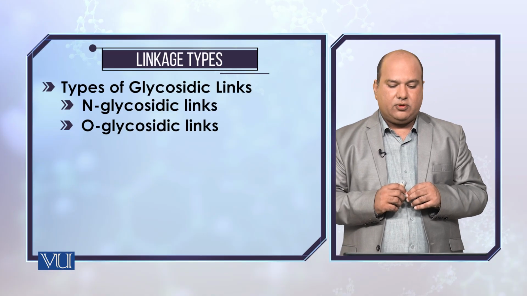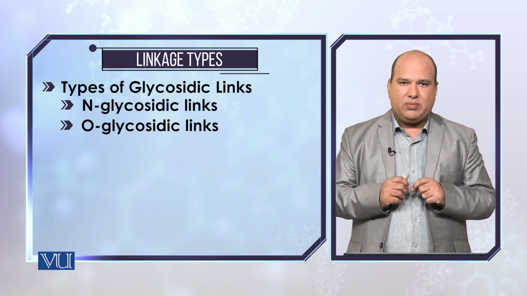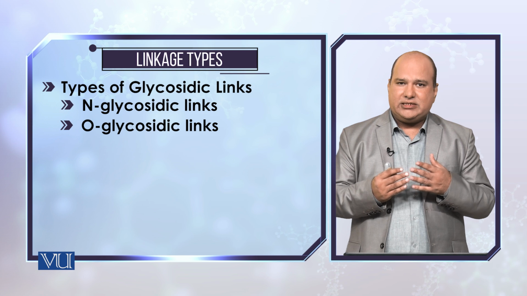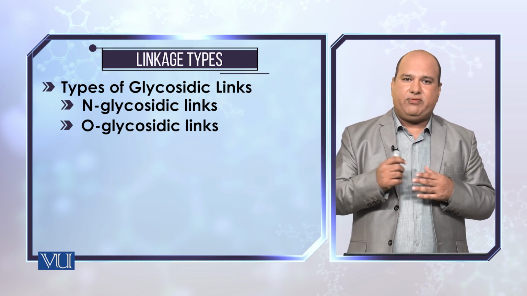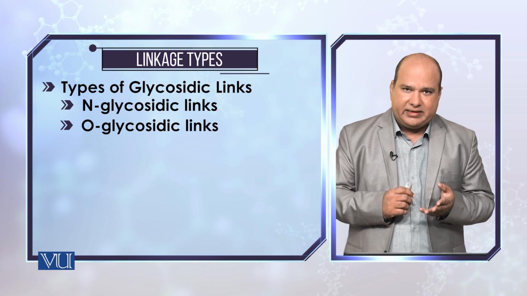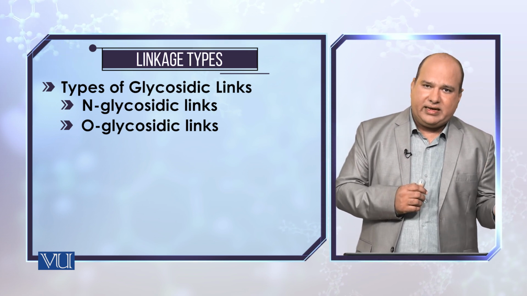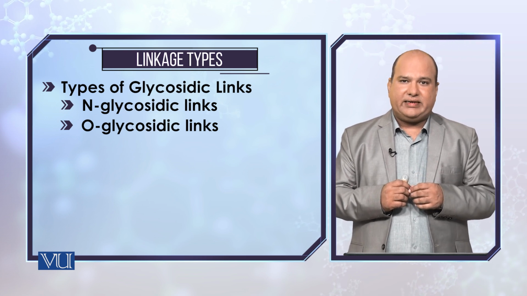There are two types of glycosidic linkages which you can find in these molecules. The glycosidic linkage, if you remember, is the linkage between the sugar moieties and the amino acid moiety of a protein. There can be N-glycosidic linkage, as you saw in the case of proteoglycans, and there can be O-glycosidic linkage.